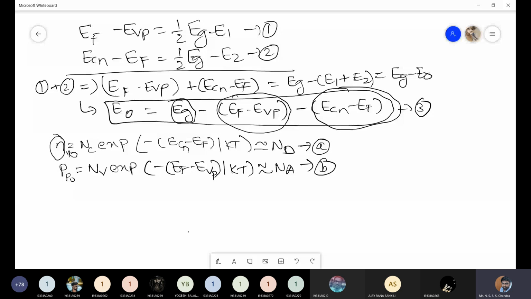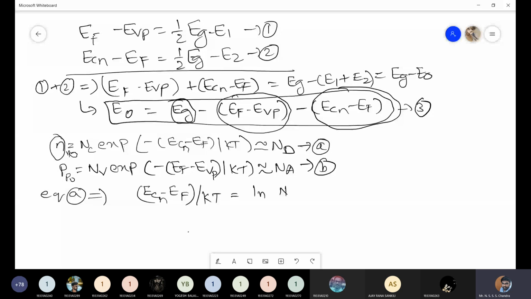Now from equations A and B, rewriting equation A, I'll take this exponential term to the other side, and again take logarithm on both sides, from which I will get ECN minus EF by KT equal to log n of NC by ND, or ND by NC, whichever you get.